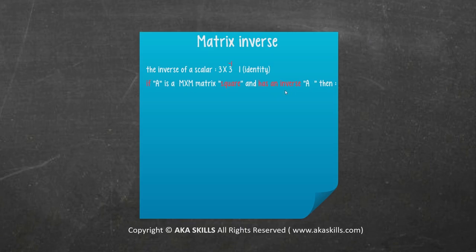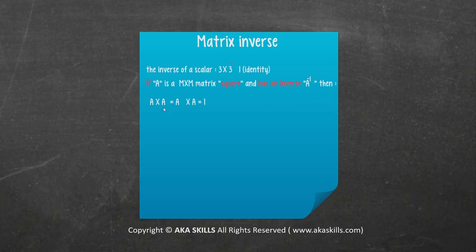For example, non-square matrices don't have an inverse. If the matrix is square and has an inverse, we call the inverse A to the power of minus 1. That's the notation for an inverse.